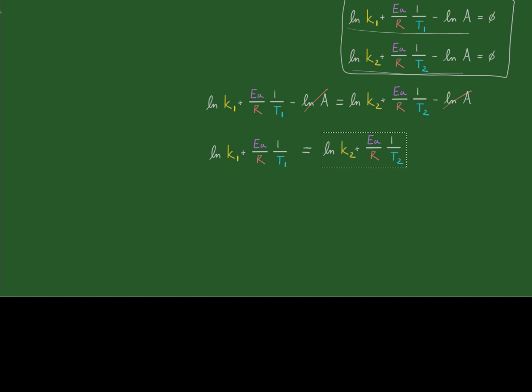Okay, and now I'm going to tidy up this expression a little bit by making sure that my rate constants are all on the left-hand side and everything else is on the right-hand side.